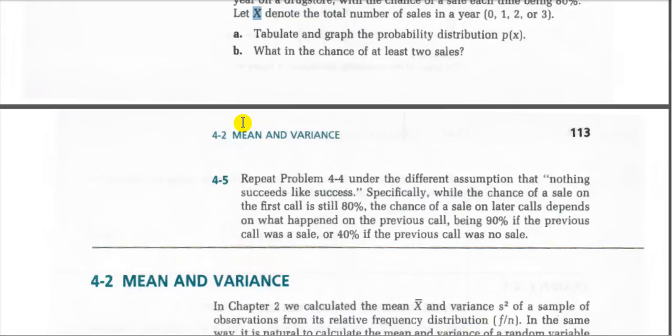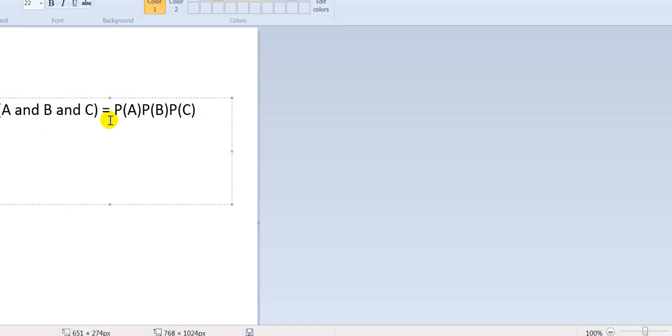So now you don't get to use this rule, the probability of A and B and C. In other words, this is for independent events, but they're not allowed to use independence now. So we have to use conditional probability. We'd like to use the independence rule, but the events are not independent, so instead we have to use this rule.